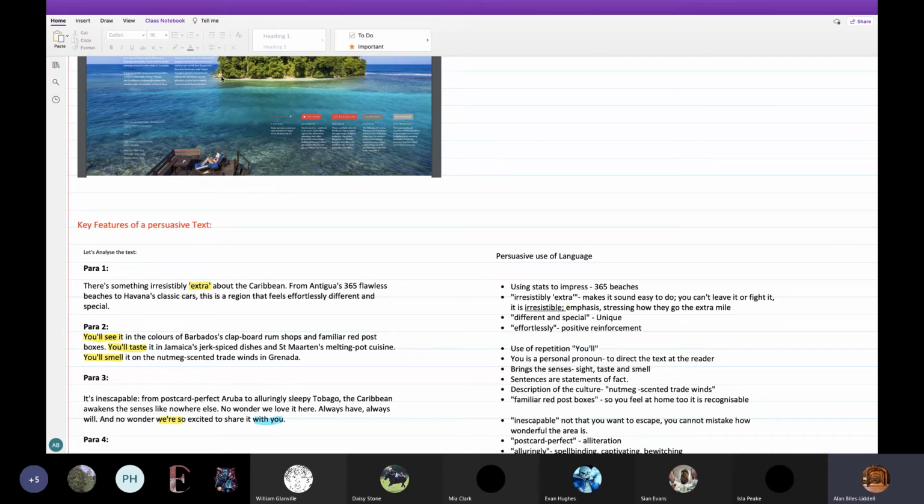That's why I've been spending this time beforehand looking at the way language is used in a piece of persuasive text. We've identified all that, and you will identify it in your own text that you've chosen for me. Once you've completed that, I'm going to pop you into these breakout rooms tomorrow.